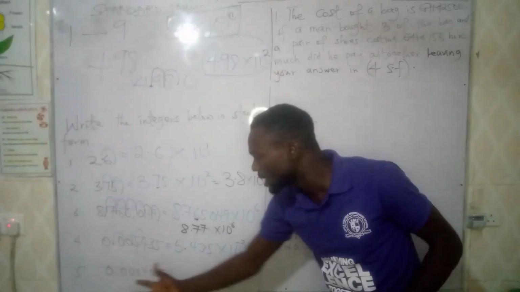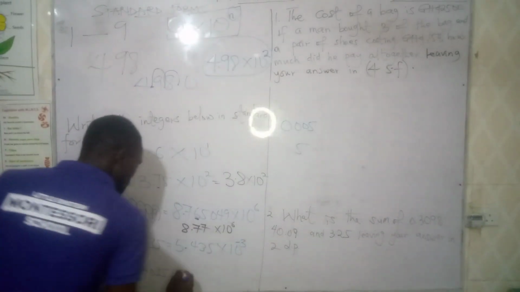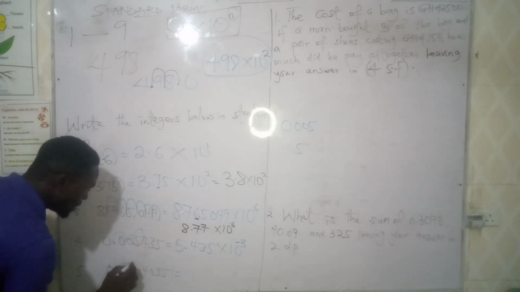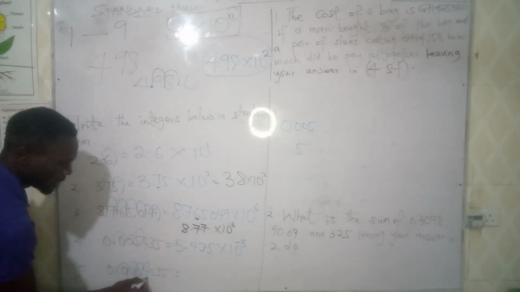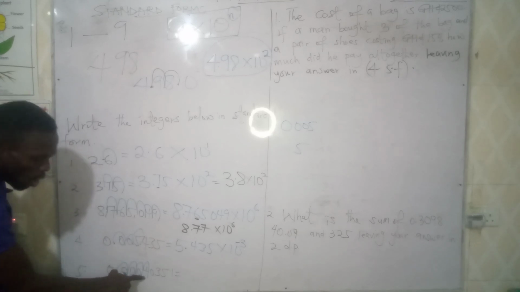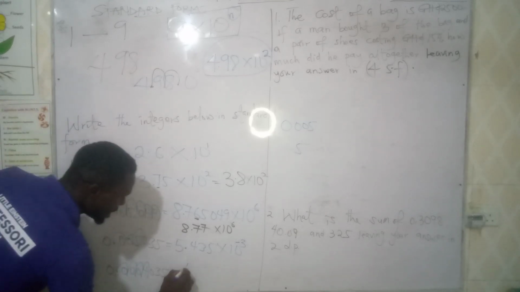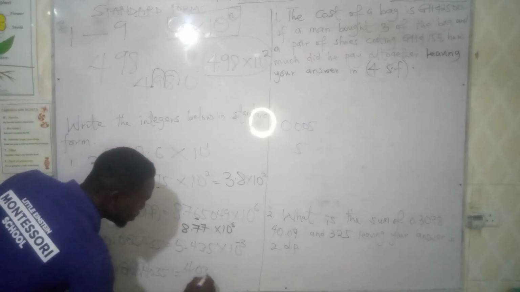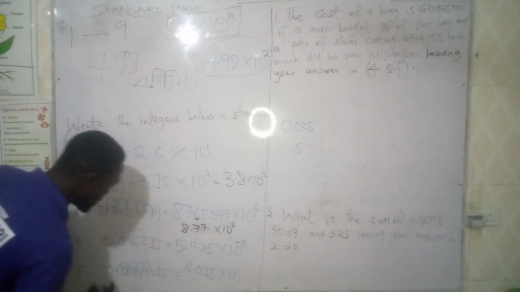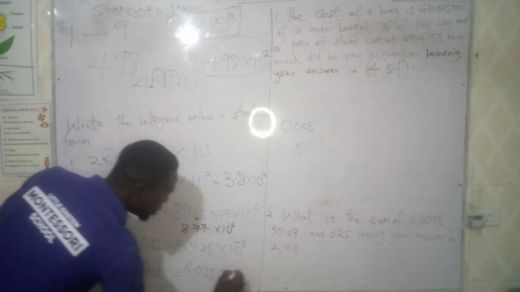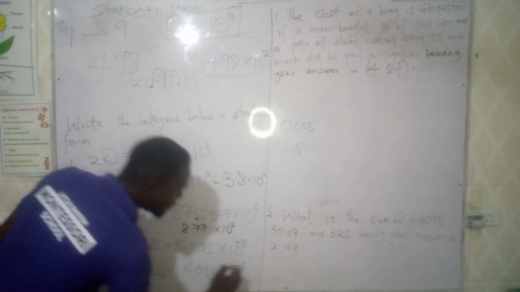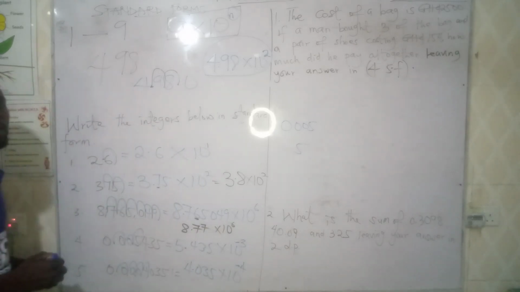Then the same thing for the number 5. So we are going to say 1, 2, 3, 4, because 4 points is within the number. So 4.035 times 10 raised to the power 4, negative because we moved to the right.